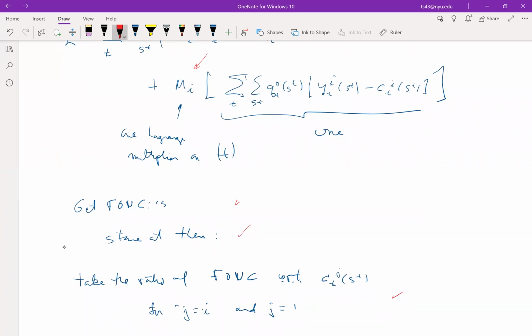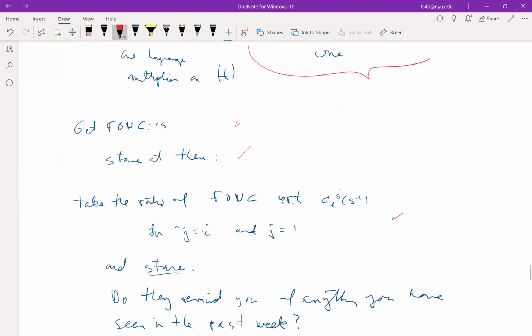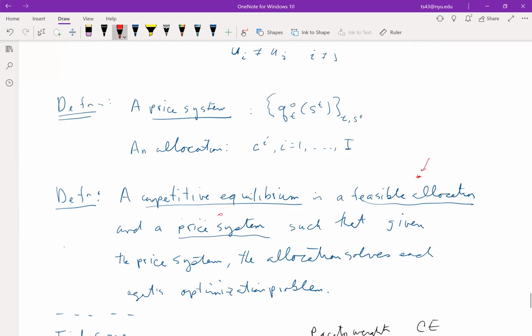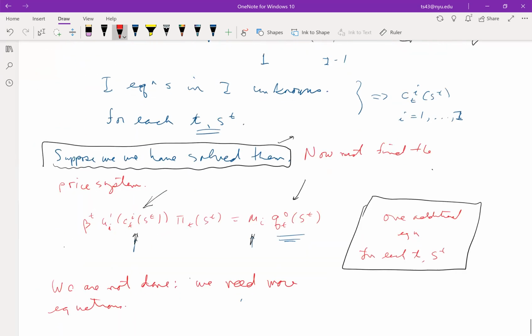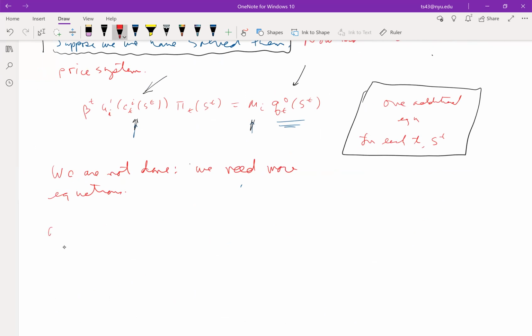In particular, I haven't guaranteed that the budget constraint is satisfied, and the budget constraint is the key thing that we have to add. So I'm going to add the budget constraint at equality to our system of equations.